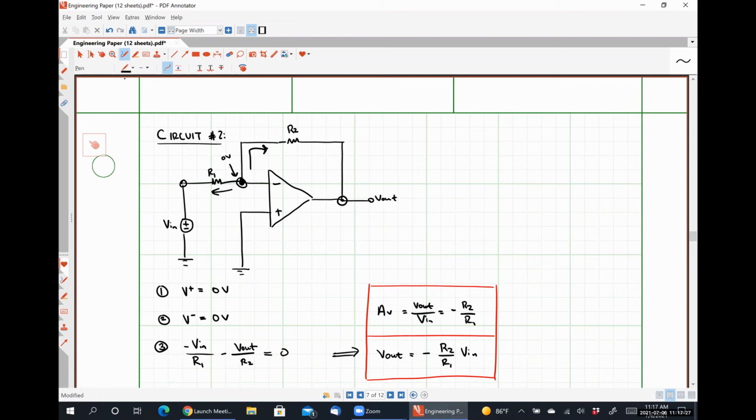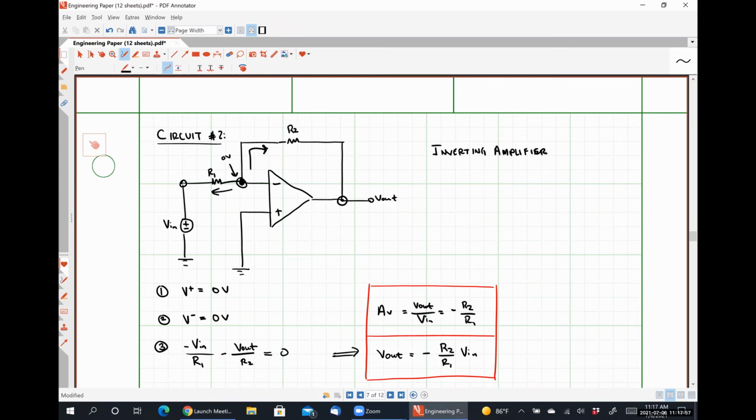And if we apply a negative input voltage, we get a positive output voltage. So this guy is what is called an inverting amplifier, okay?